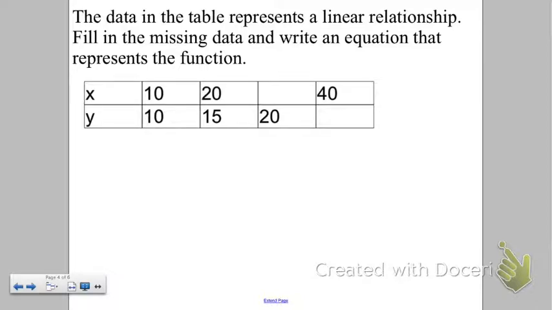So, the question tells us that the table is a linear relationship. So, I know that the slope is going to be the same. So I see here that this is plus 5 and plus 5.